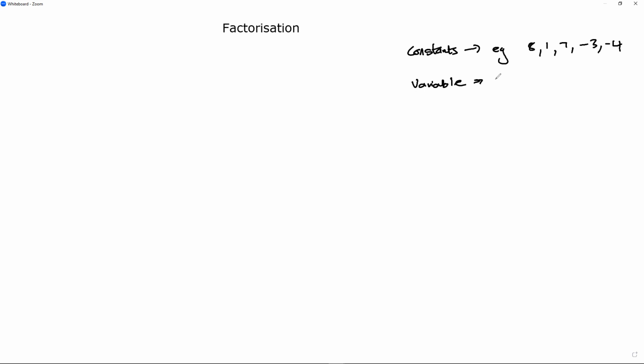And then a variable is any letter like X, A, B, C, D, E, etc. Okay. If I've got 16a plus 32ab and I am asked to factorize this, the first thing I'm going to look for is what number can divide both 16a and 32ab.